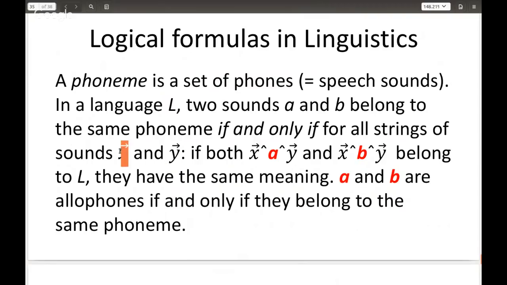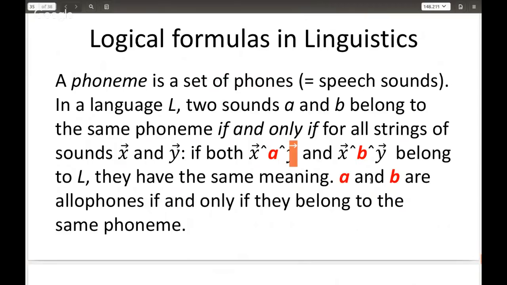In physics, this would be vector notation, letting you know that a particular particle or physical object moves within time and space in a given direction. So it's a vector quantity. So if both the sounds A and B are concatenated in between these two strings and belong to L, the language L, they have the same meaning.